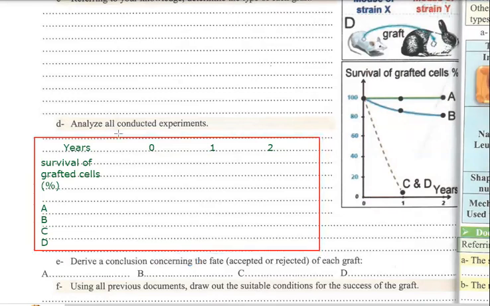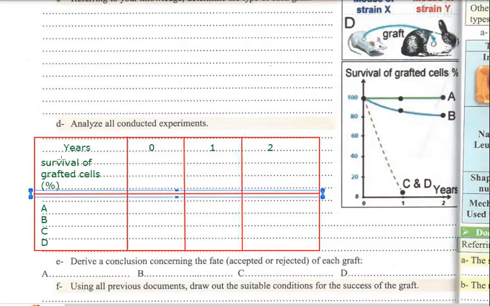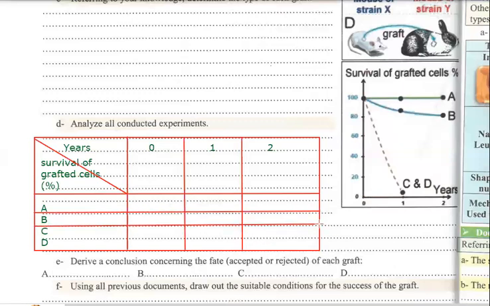Don't forget, you draw the table with a pencil, but you write inside with a pen. The table must be closed. Again, you draw it with a pencil and you write inside with a pen. I should do it this way too. Here we have the rows for experiments A, B, C, and D.